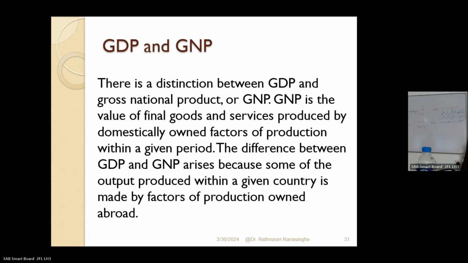We add the net factor income from abroad. Factor income received, factor income payment, we adjust that component to convert the GDP into GNP. Net factor income from abroad is the difference between the factor income received and the factor income paid to other countries.